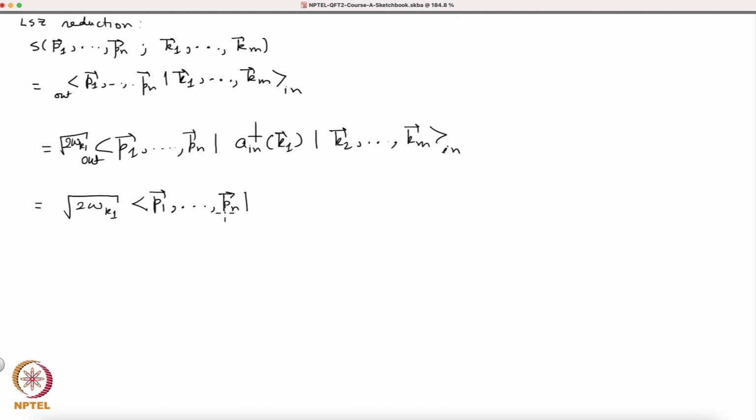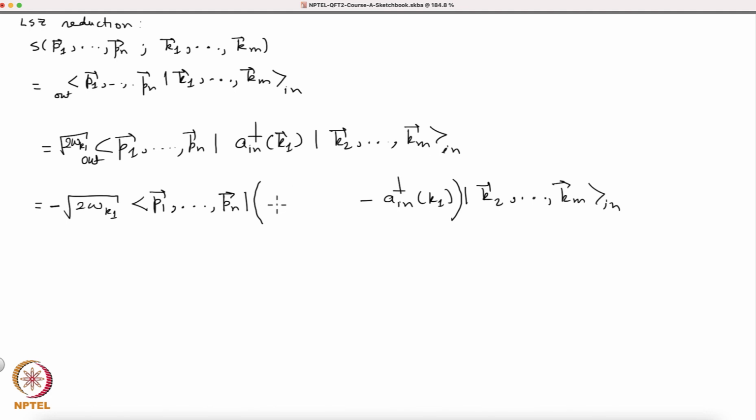This is a standard thing. So now I will write this as minus A in dagger K1, K2 to Km in, because I have multiplied a minus sign here, I should multiply minus 1 here to take care of it. So this line is the same as the previous line.